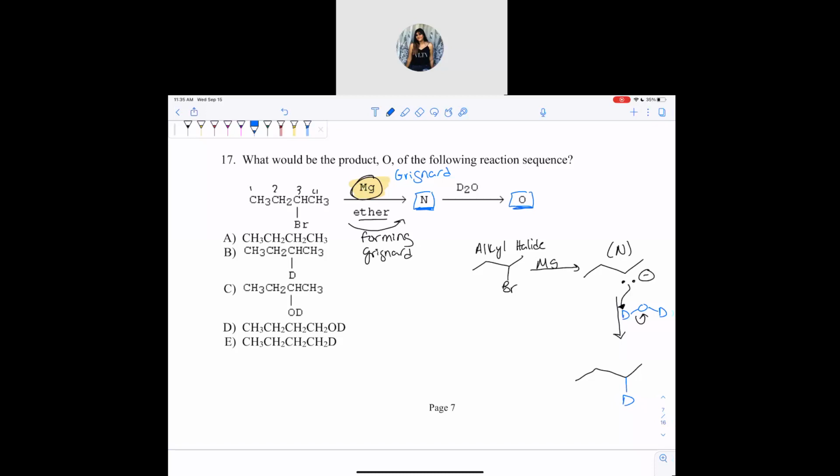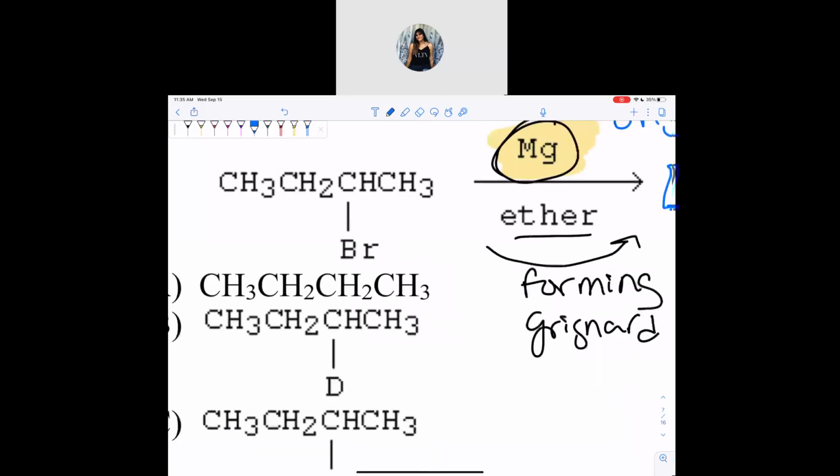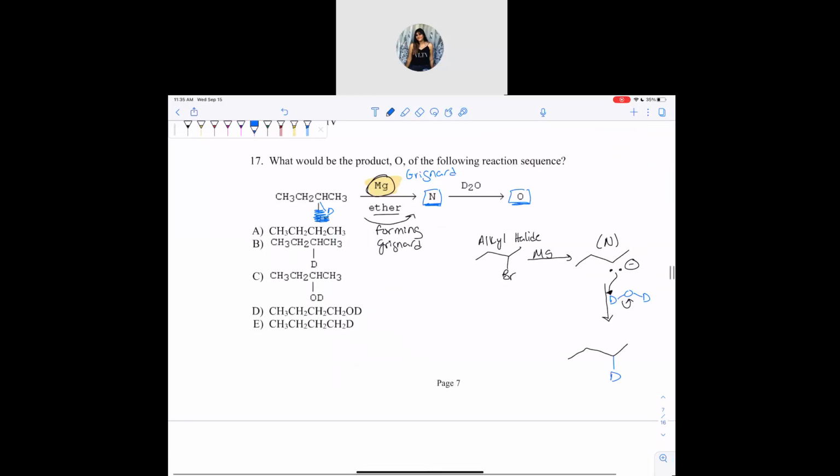Cool, simple enough, right? This is one of those rare questions where you don't even need to bother drawing it out. If we zoom in here, okay, alkyl halide, I know to make the Grignard reagent, I just cross this off and give it a negative charge. Then at that point, it's going to attack a deuterium. So we would just end up replacing that with a D. You're just looking for the answer choice that replaced the bromine with a deuterium.